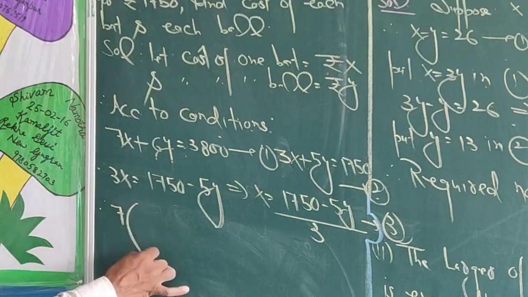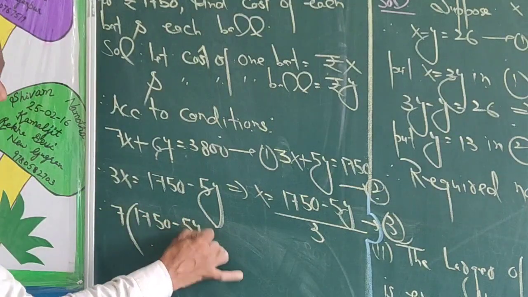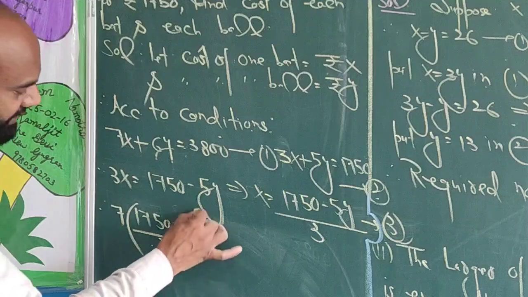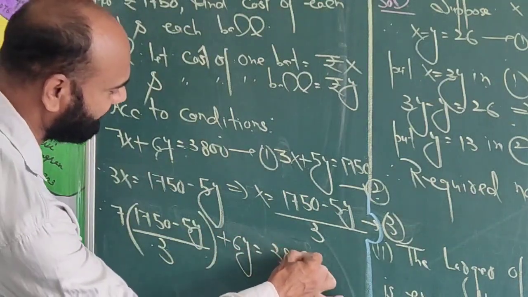So 7x plus (1750 minus 5y) upon 3 plus 6y is equal to 3800.